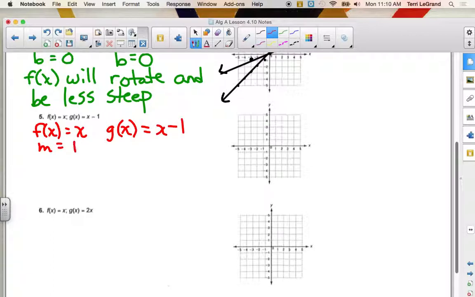Parent function, m equals 1, b equals 0. Transform function, m equals 1, b equals -1. So, graph your parent function, graph its points, draw its line.